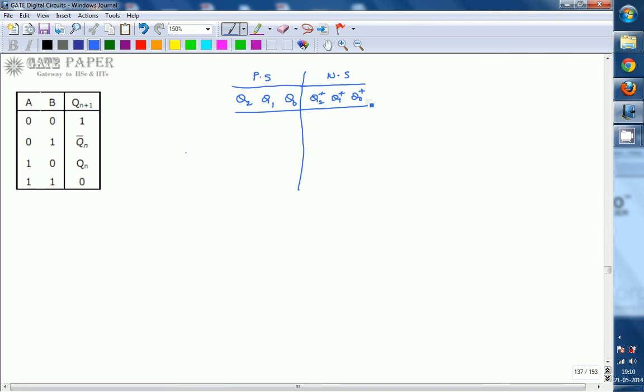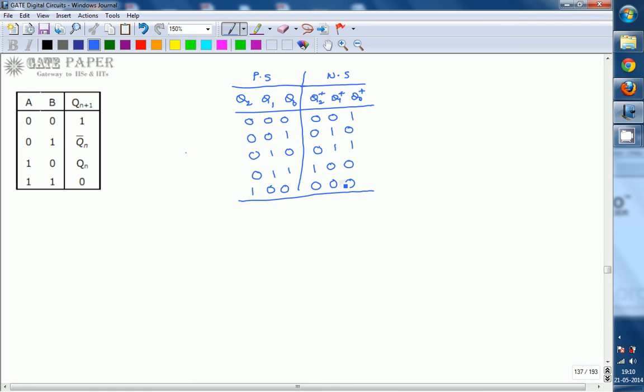Present state, if it is 000, at that time it will go to 001. If the present state is 001, it will go to 010. If 010 is the present state, it will go to 011. If 011 is the present state, it will go to 100. If 100 is the present state, it will go to the initial state.